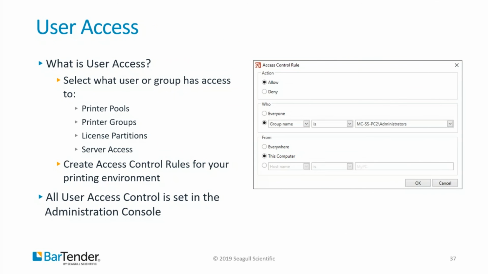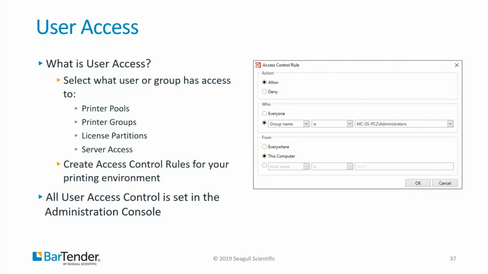You select a user or group, and then you either allow or deny a user to set printer pools, to set printer groups, to set license partitions, and to set server access.